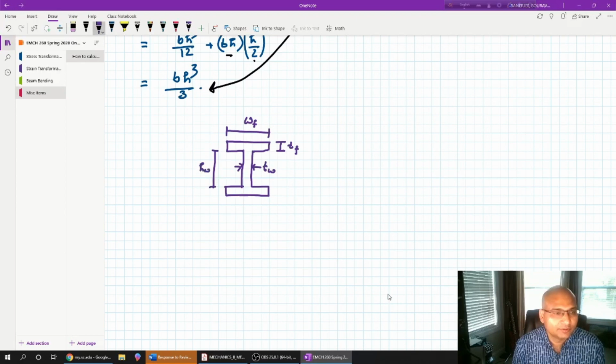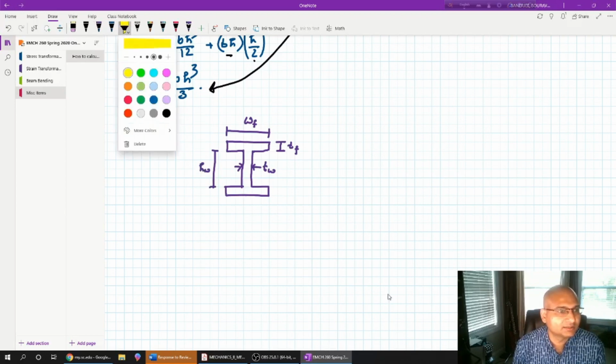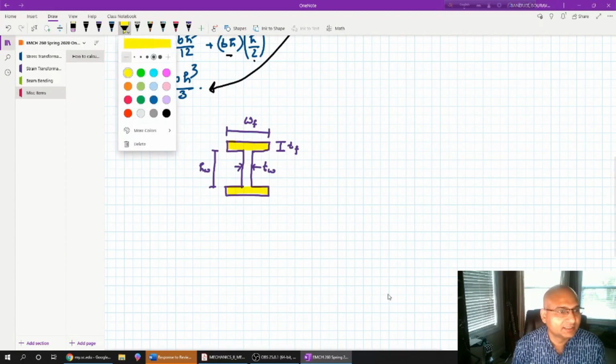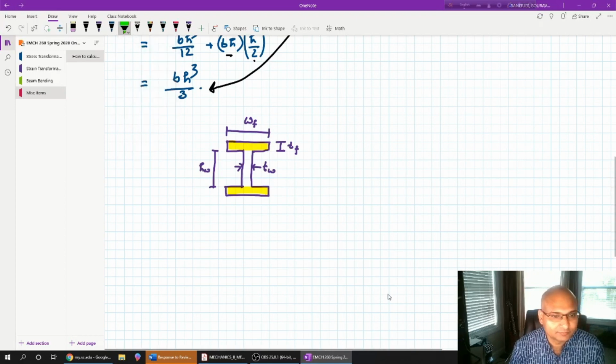Okay, so you must recognize that what I'm calling the web, this is the flange part, this is the flange part, and the green one, if you see, this is the web part. So in the web part we have a height HW and the thickness TW, whereas the flange part has WF and TF, and they are the same on both sides.